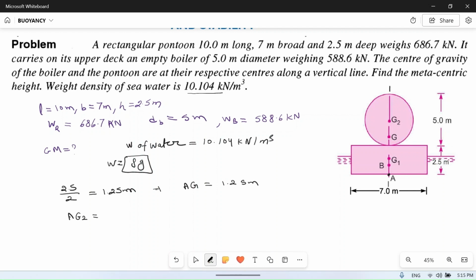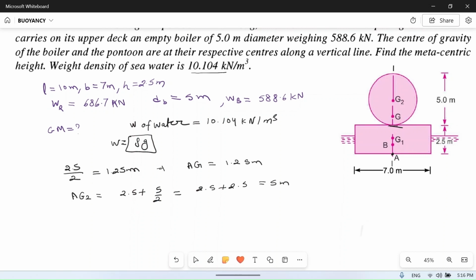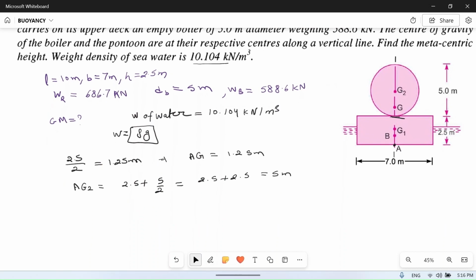It will be equal to 2.5 meter plus the central distance from here, which is 5 by 2, so it is 2.5 plus 2.5 is equal to 5 meter.